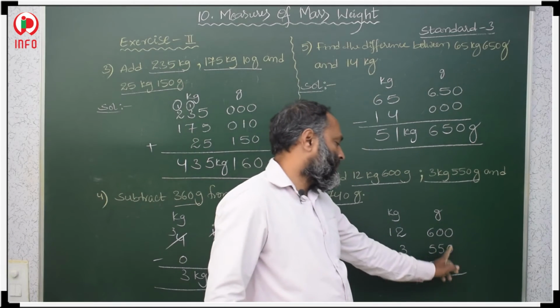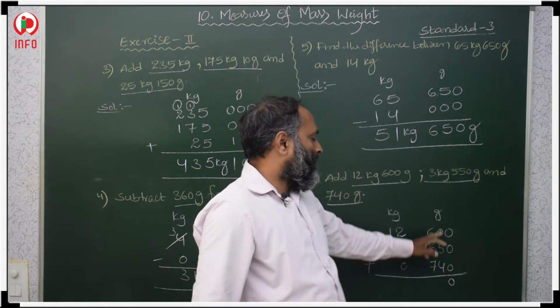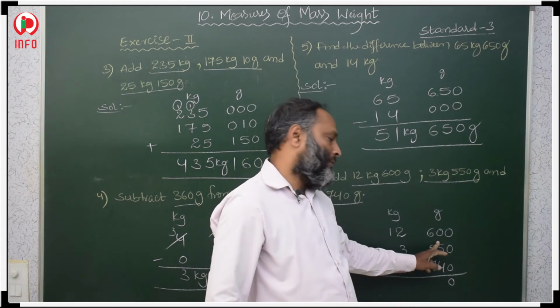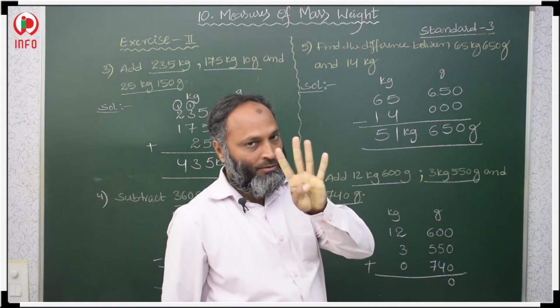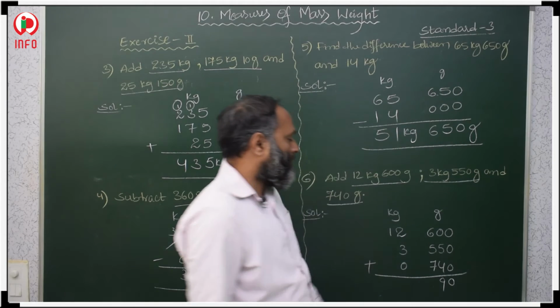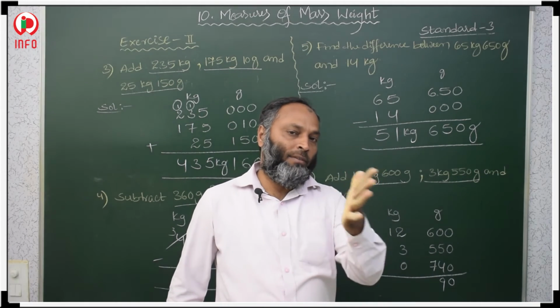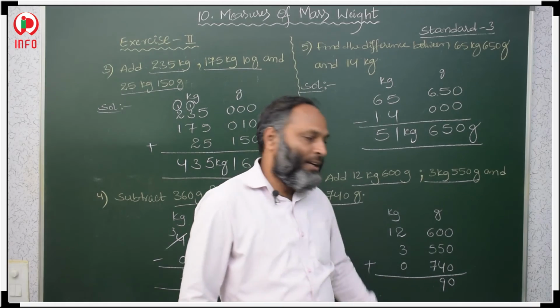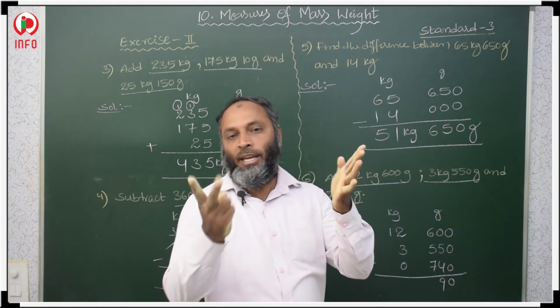Add ones places. 0 plus 0 plus 0 is 0. 0 plus 5, the number itself, 5. 5 plus 4 is 9. Now, 6 plus 5 is 11. 11 plus 7 is 18.